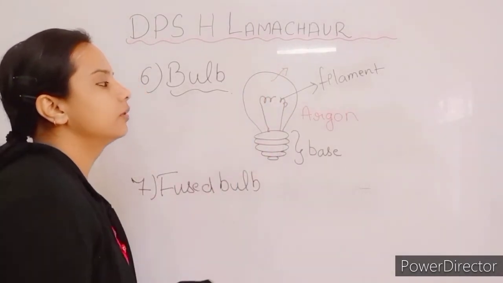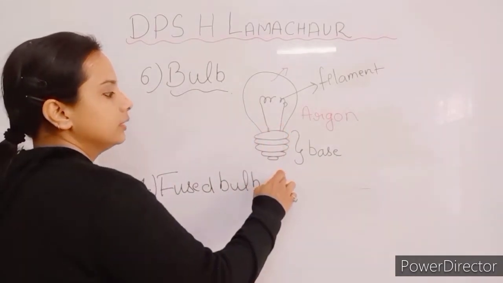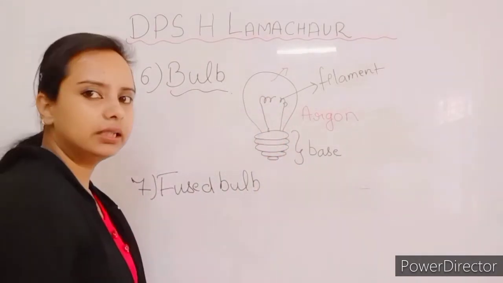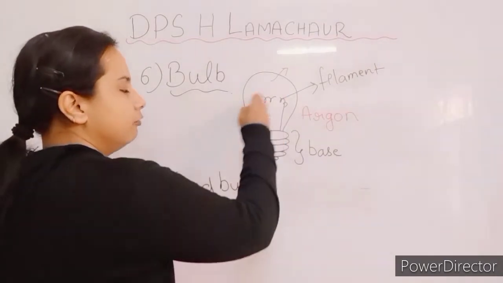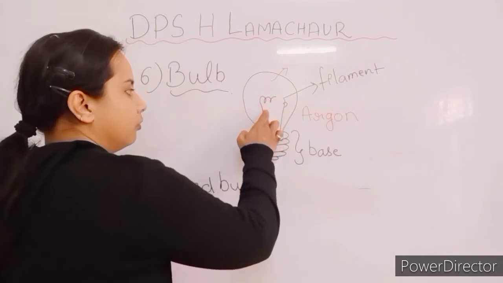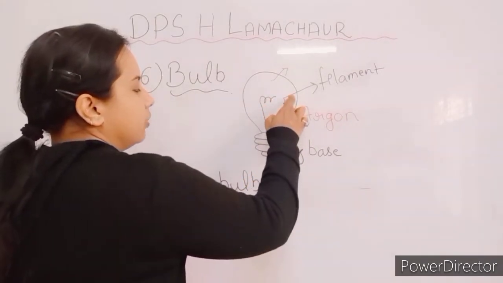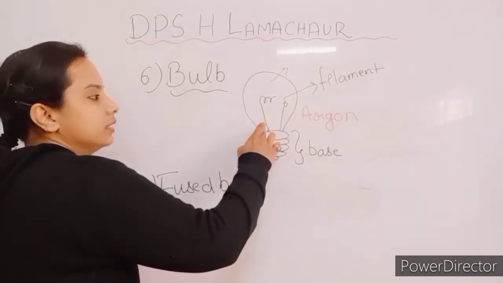The flow of current from one end to the second end will not be complete. It will not be able to flow completely; it will stop here. When the current flows from here and returns back, it will not come back to this position.